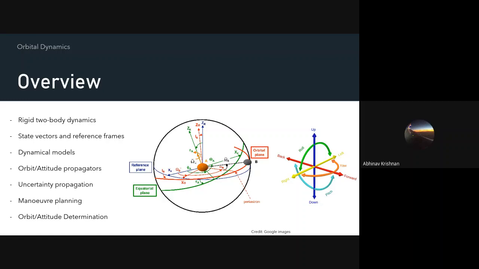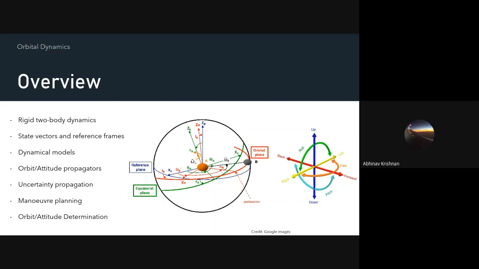Based on the dynamical models that you encounter, based on the forces that you feel in the orbit, the uncertainty, the covariance matrix that you have for each of these position and velocity vectors, gets propagated to the state that you want to be in.